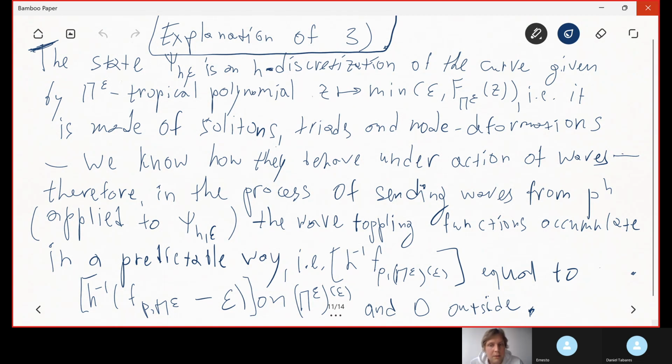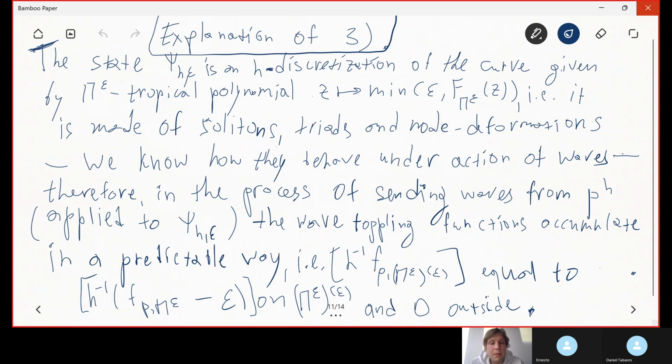Therefore, if we send waves from pH, we know exactly, explicitly, the wave toppling function. And this wave toppling function will be exactly this truncation of the distance function, while also rescaled by h minus 1, which is the step of the lattice. And yeah, that's it. That's the idea.